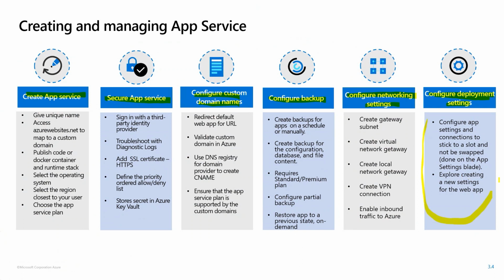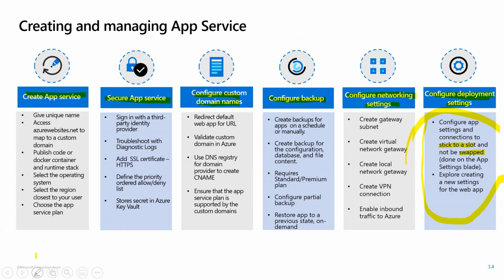Really key here to think about the options that are sticky, that are going to stick to a swap or cloning or change to the code that's deployed from one slot to another. Which settings are going to follow that change if you decide to clone code, for example, from one deployment slot to another?